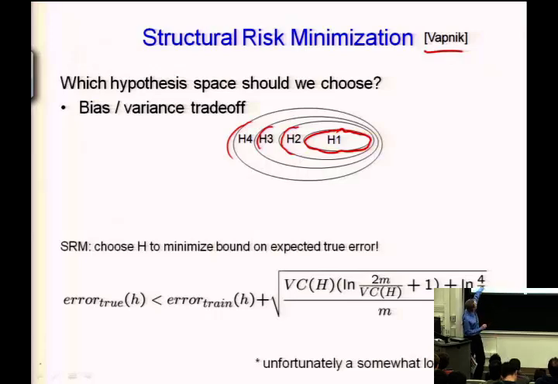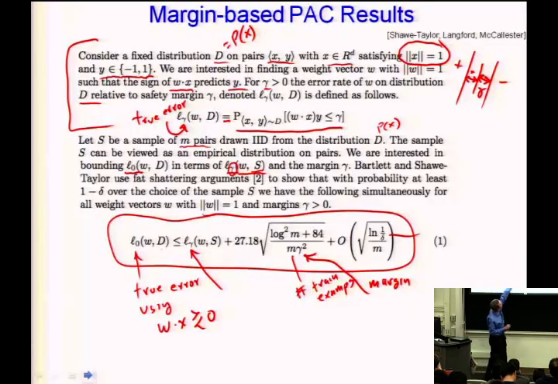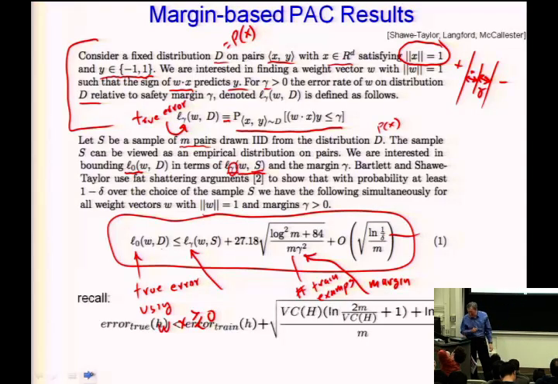The true error depends on the training error plus some quantity, but we had to use VC dimension. Now we're using instead the margin. So the margin squared is playing a similar role to what the VC dimension was playing before. Not exactly the same expression, but this is essentially the true error.